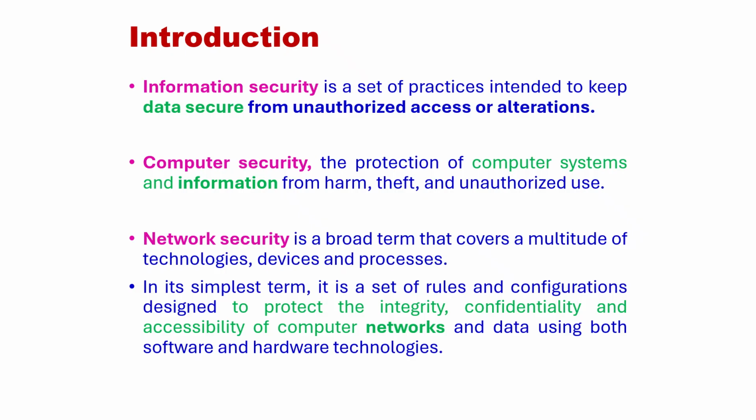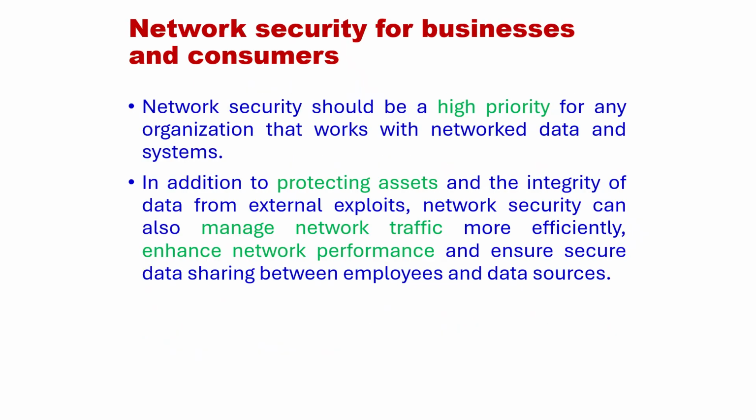Network security is a broad term that covers a multitude of technologies, devices, and processes. In simple meaning, it is a set of rules and configurations designed to protect the integrity, confidentiality, and accessibility of computer networks and data using both hardware and software.